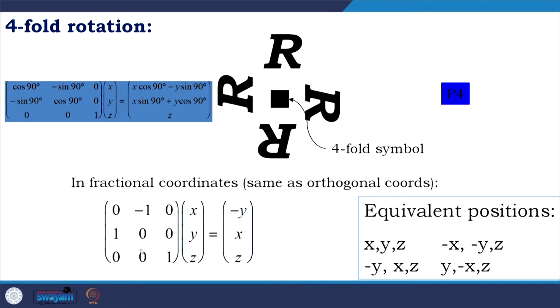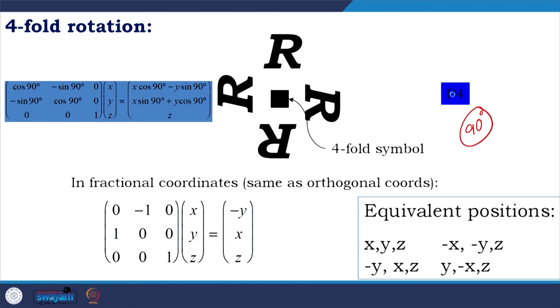Four-fold rotation, again it is a P4 symmetry. So, if you see x, y, z, x is changed to minus y. So, the position changes, y changed to x, and z stays as z. So, four-fold means it is 90 degrees.